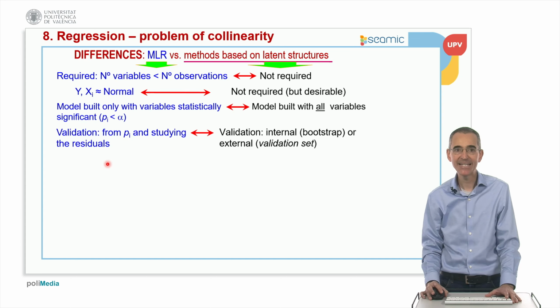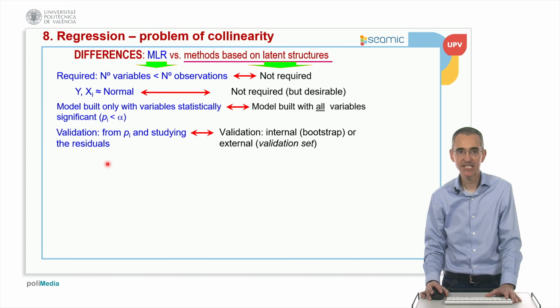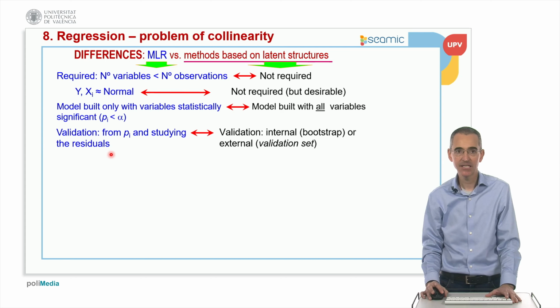Well, validation. Remember that I explained in a previous video that in multiple regression, validation is carried out from the p-values associated to the variables included in the model and studying the residuals. But for the other type of methods, the validation is carried out differently.